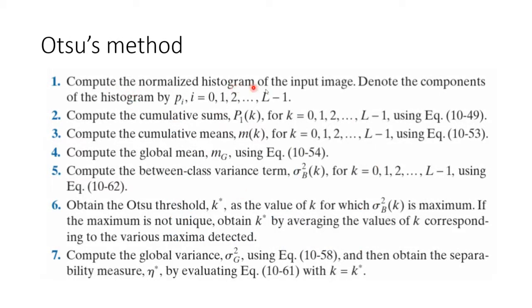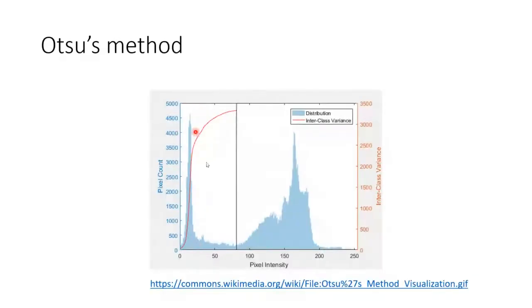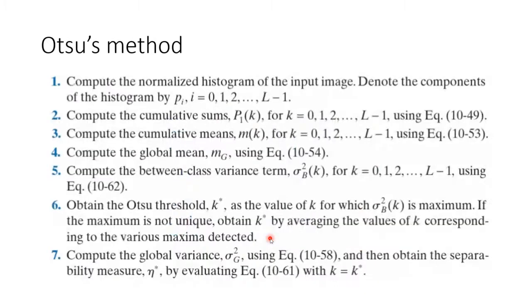You compute the normalized histogram of the input image, denoting the components of the histogram by Pi. What are the components? Every bin of the histogram is a component of the histogram, right?